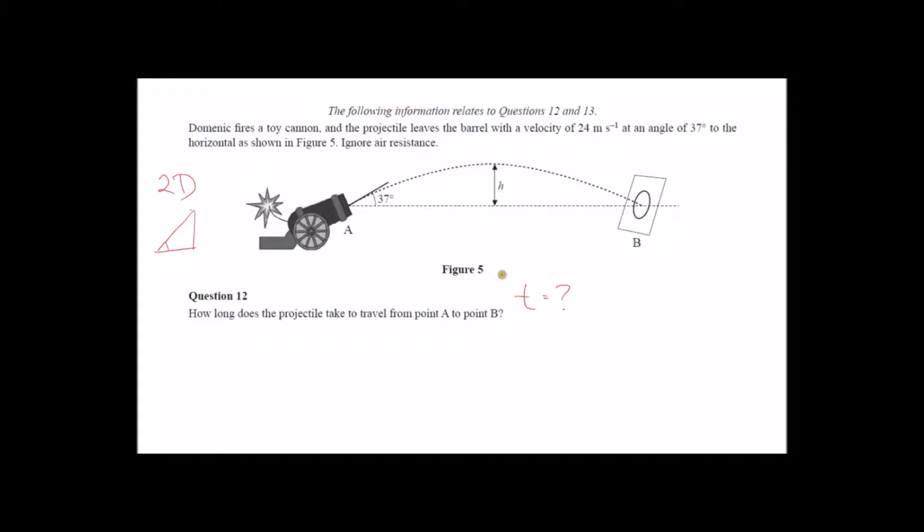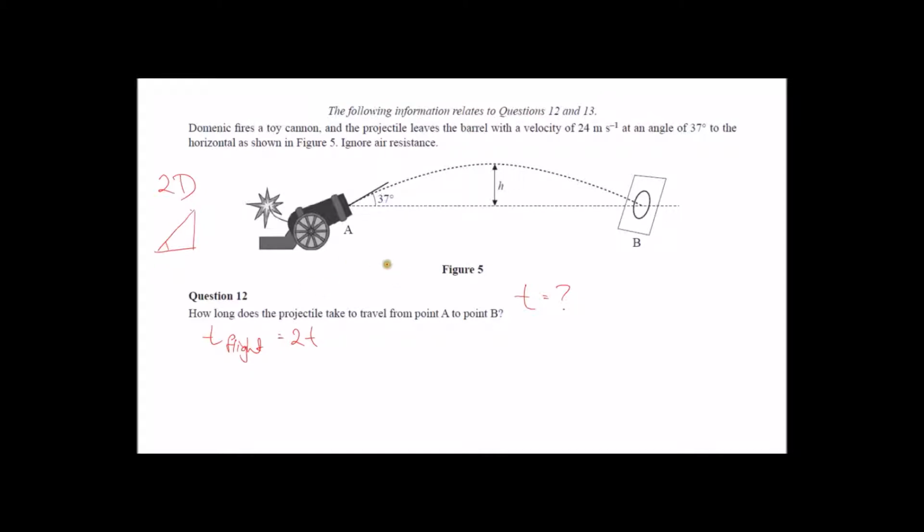Now, if I think about the time to take to go to this height h, then basically the time that it's in the air, which I'm going to call the time of flight, is just going to equal 2t for the time that it takes to go to that certain height.